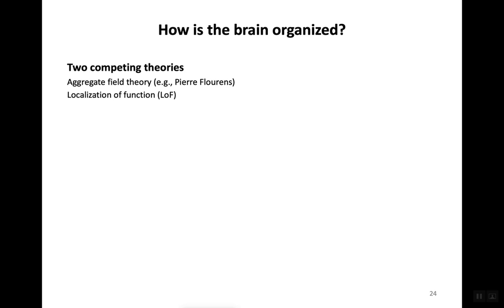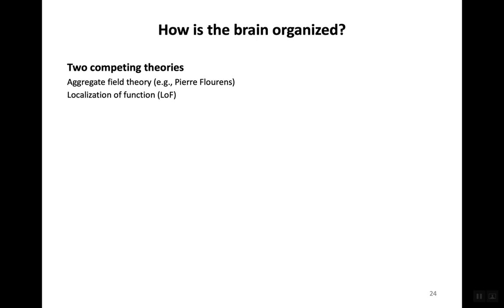Well, interestingly enough, the discussion about brain function led to two competing theories and a big debate, which to some extent reflects at the level of function the debate about anatomy, previously featured in the work of Golgi and Cajal.